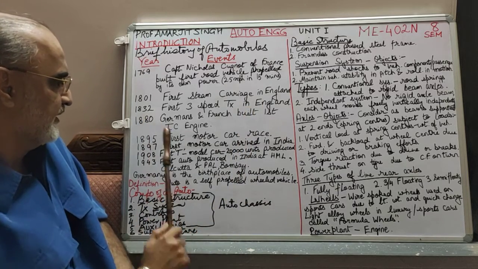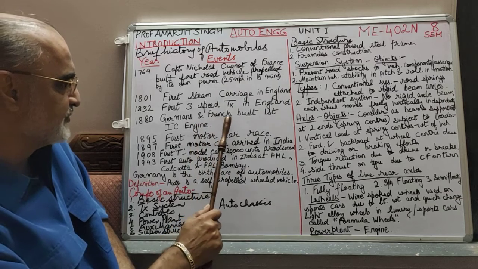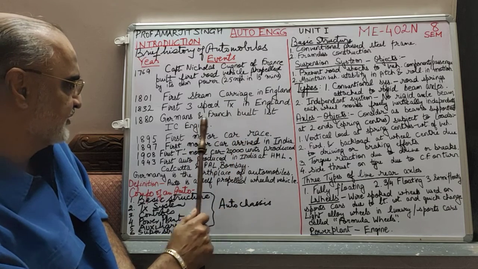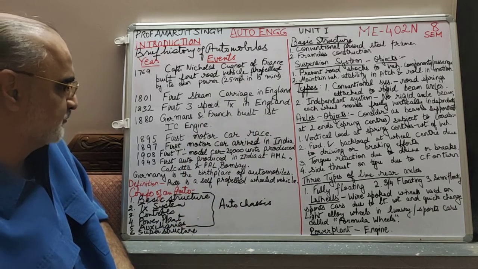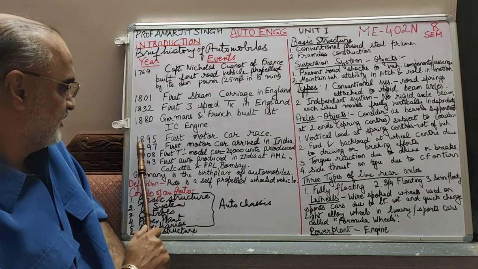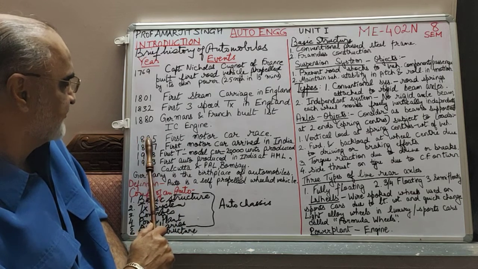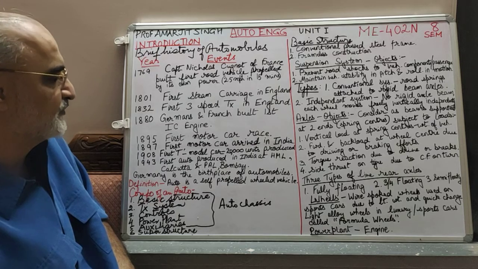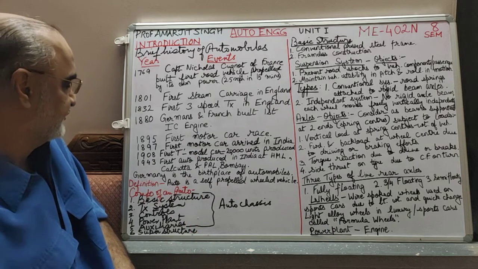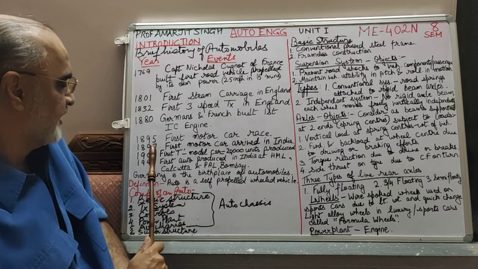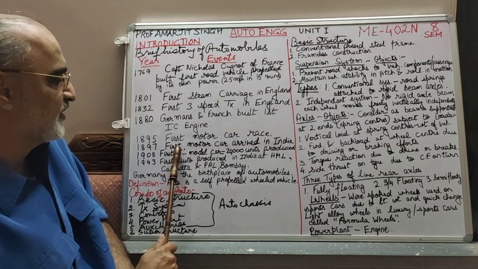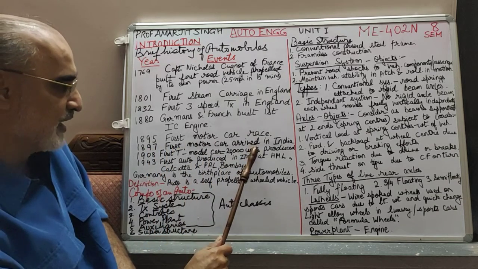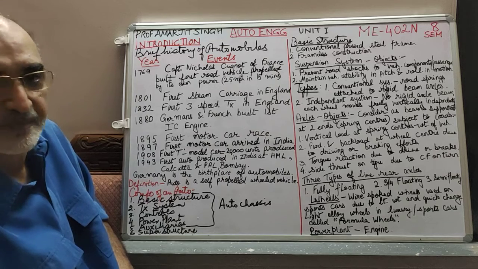In 1880, the Germans and French built the first IC engine. In 1895, the first motor car race took place. In 1897, the first motor car arrived in India, by ship, of course.